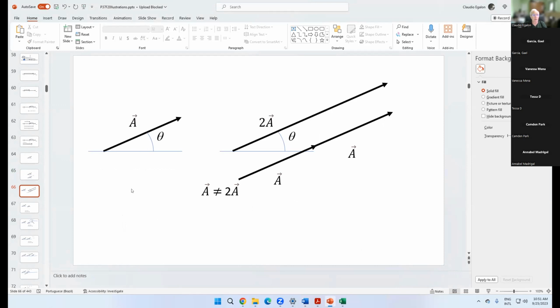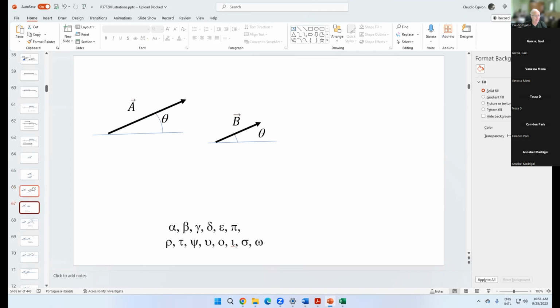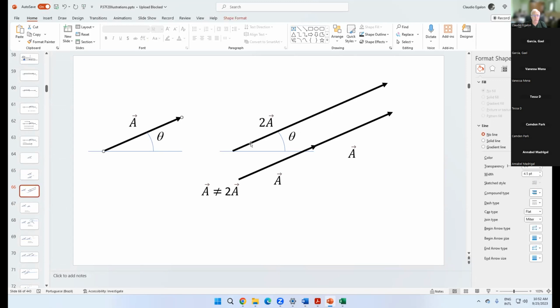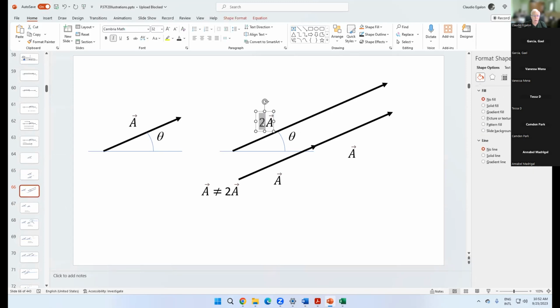Okay, and this illustrates something else. This illustrates that vectors can be multiplied, not just multiplied, but also divided by scalars, okay? Vectors can be multiplied and divided by scalars. In this case, the vector A was multiplied by the number or scalar 2, which ended up being A plus A, okay?